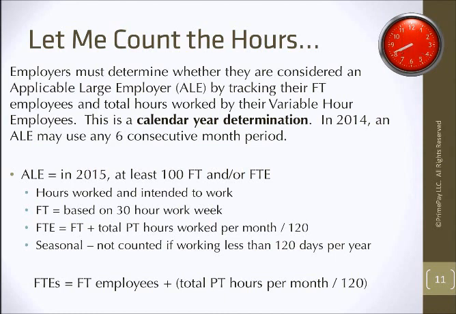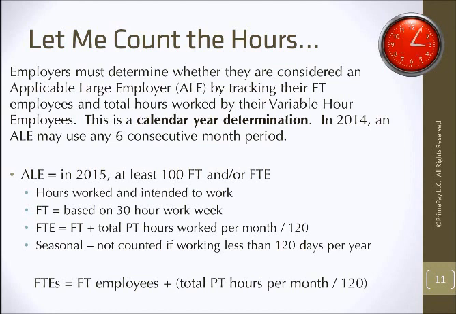So the full calculation there would be the full-time employees plus the total part-time hours per month divided by 120. Then you can annualize that as needed throughout the year. Based on the full-time equivalent, which will be a fractional number, you round down. What I want you to think about is that many of you might be thinking in the benefit eligible space.